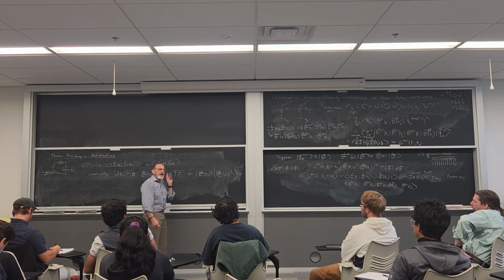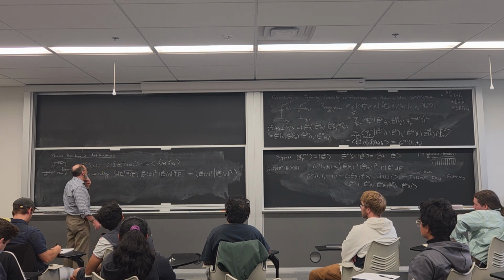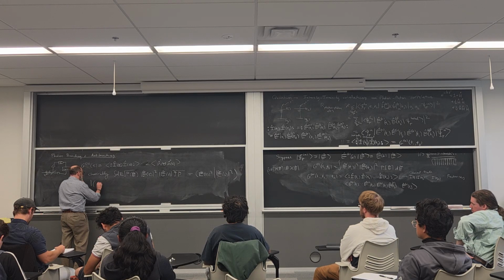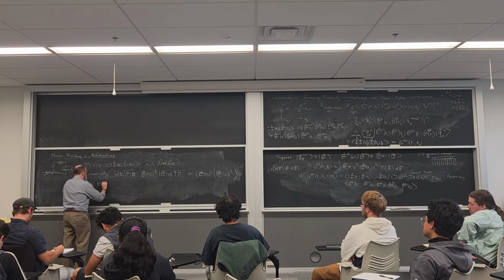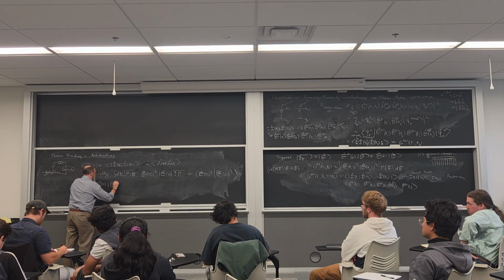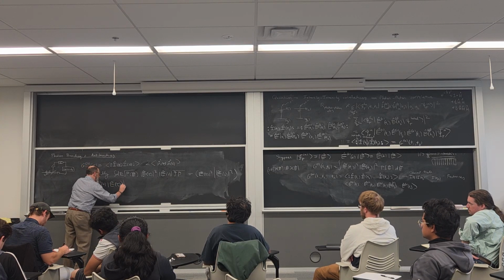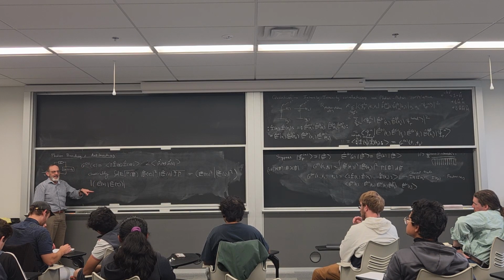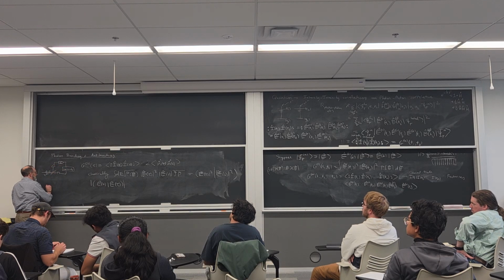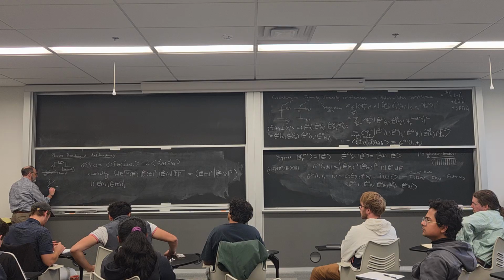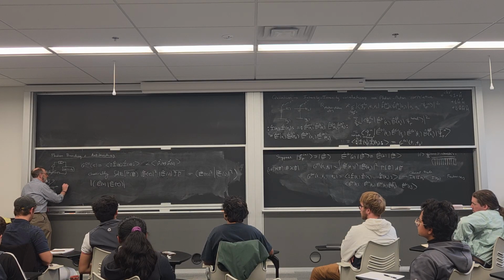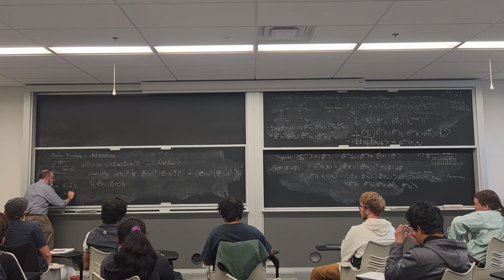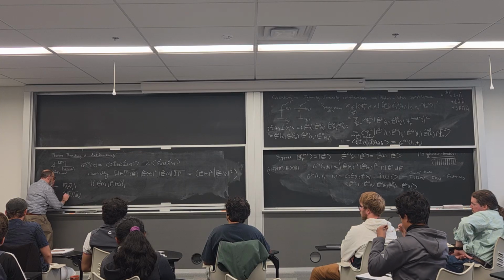Okay, now here's something that's interesting. If I look at the magnitude of this inner product, this thing has to be less than... let me, I have two vectors, v1 and v2. The magnitude of the dot product between those two vectors is less than or equal to the magnitude of v1 times the magnitude of v2, with equality only if they're parallel.